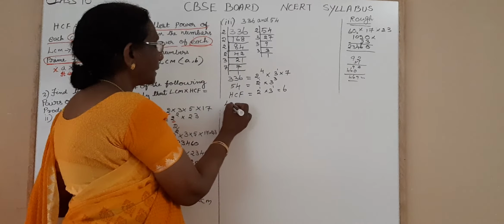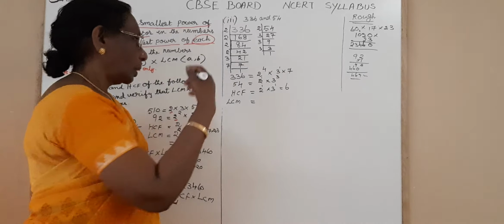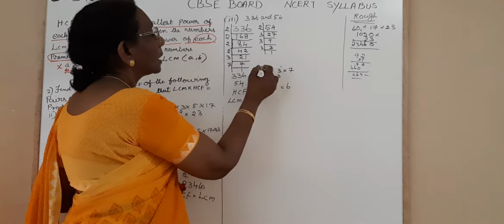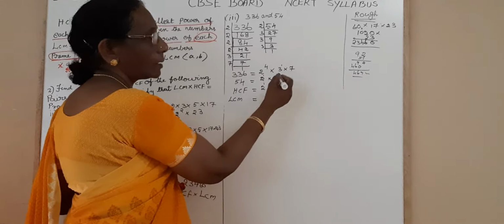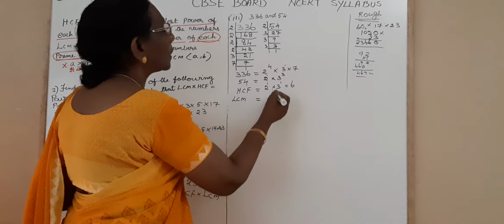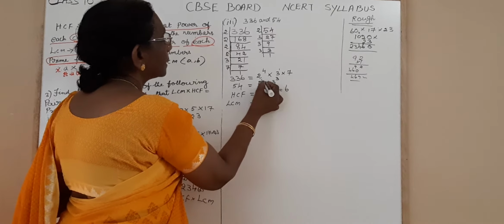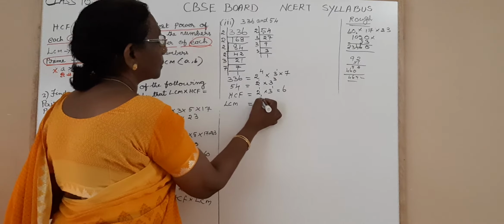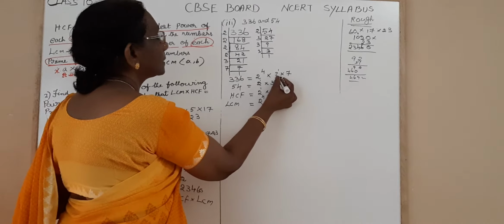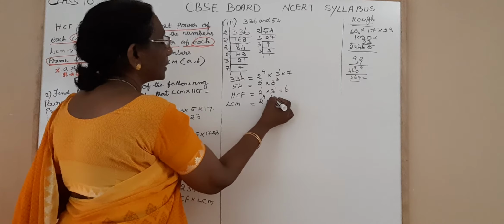Okay. Now LCM is equal to what? The greatest power of every common factor. Product of the greatest power of every common factor. So first 2. What is the greatest power here? 4. Next is what? 3. Here also 3. So now you select the greatest power.